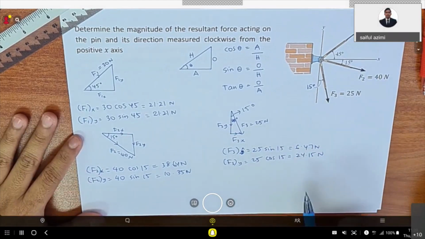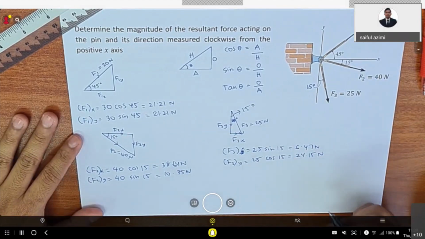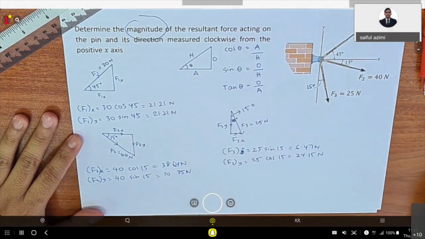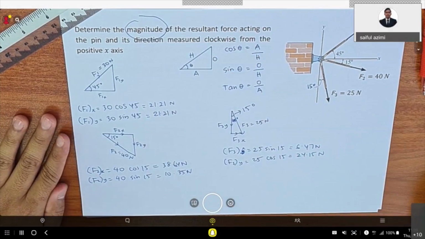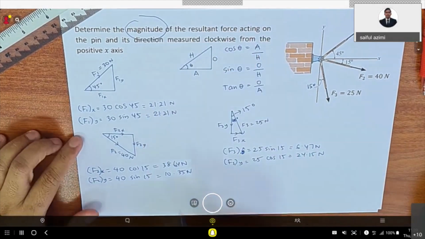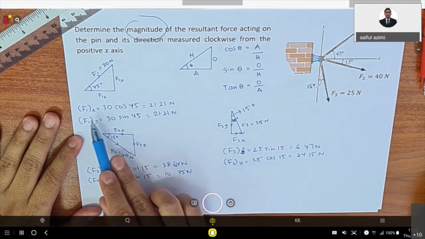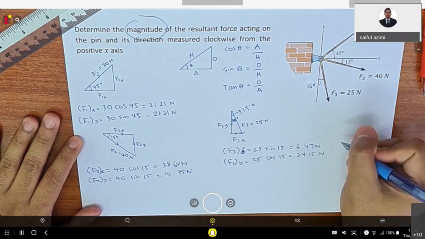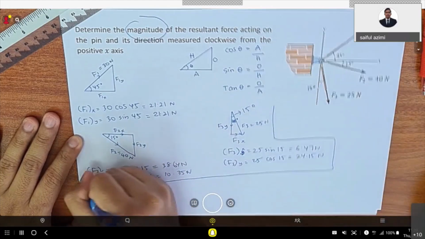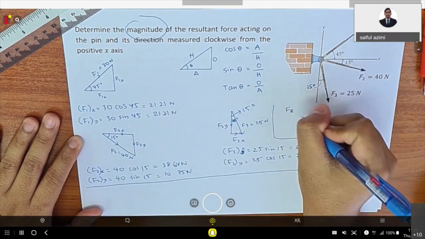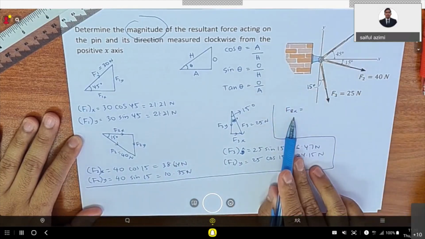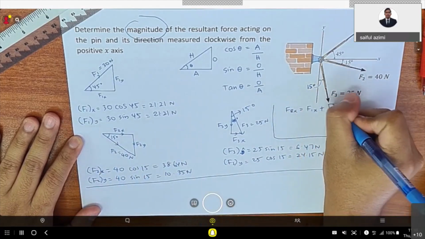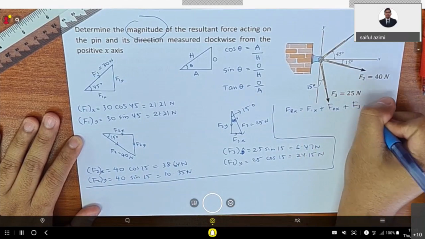All right. Next the question asks you to find the magnitude. To find the magnitude, first you need to add all of the x components of the forces. F1x plus F2x plus F3x. So force resultant Frx equals to force 1x plus force 2x plus force 3x.